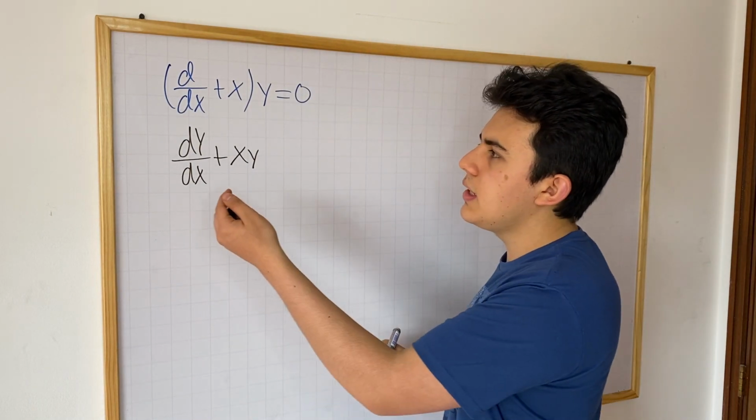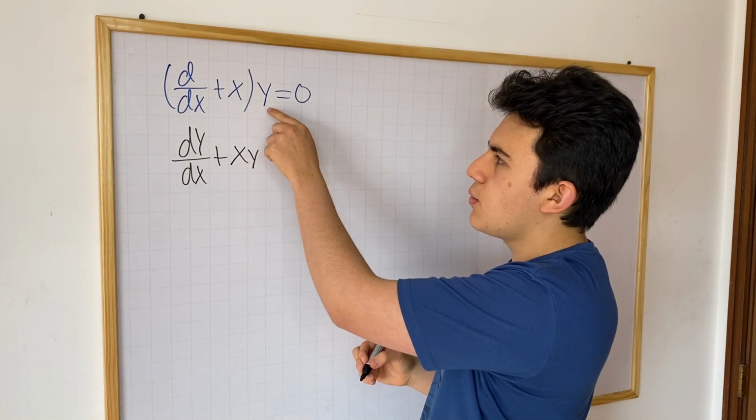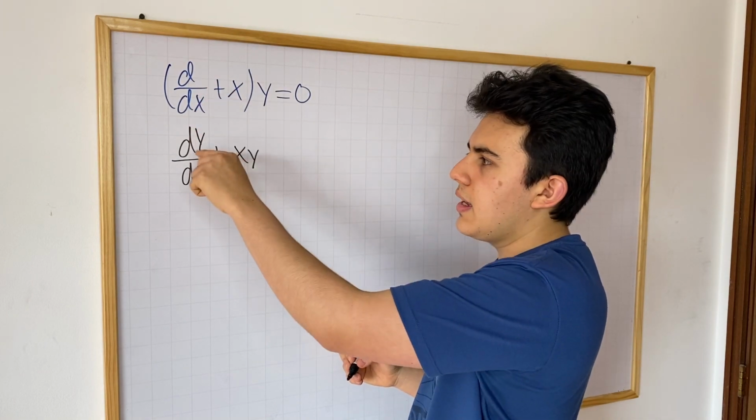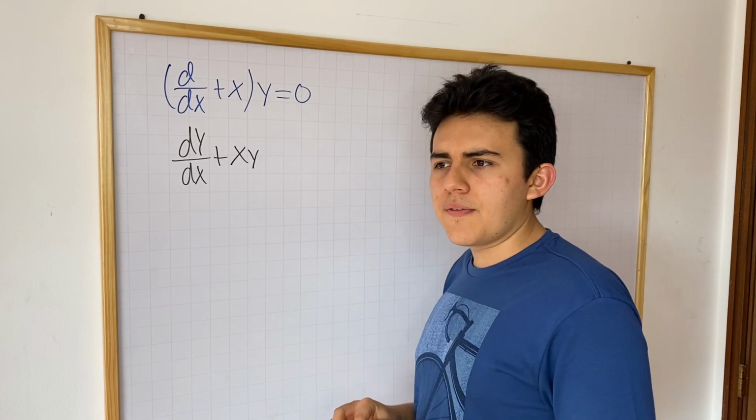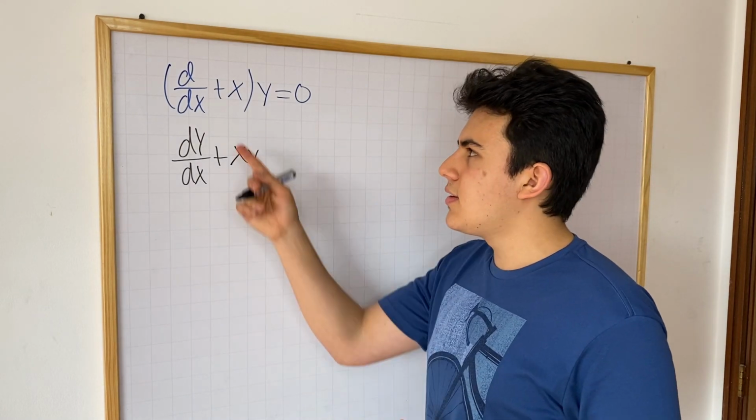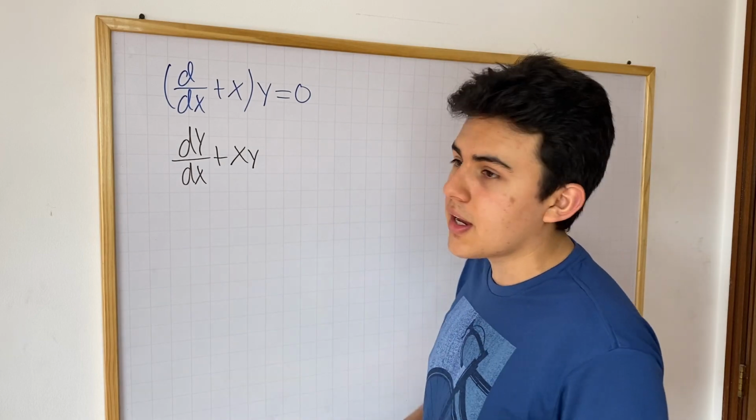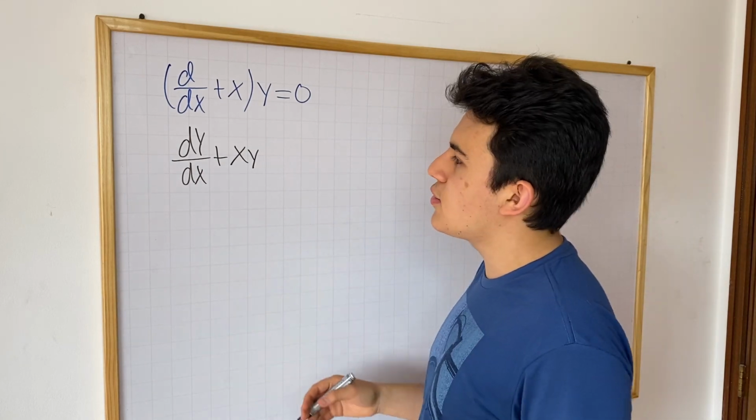I know we literally just plugged y into the input of this derivative, which is probably not something we have done before, but this is from quantum mechanics, and quantum mechanics is pretty weird, so don't worry about it.